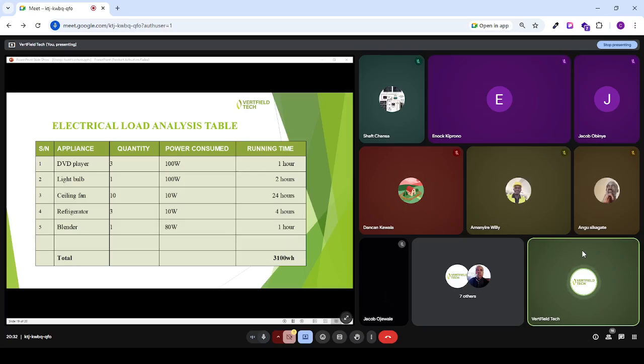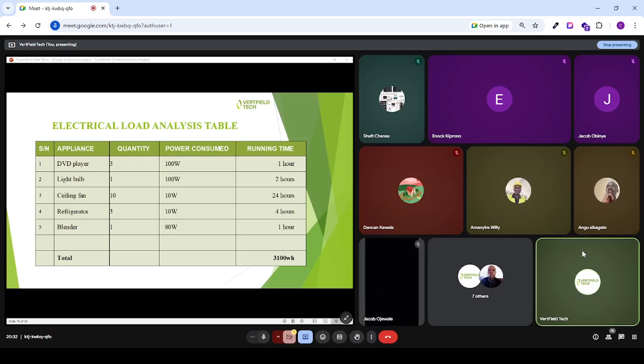In the sense that you can prepare a document as a professional that gives details of the project you are handling, and at the end of the day during commissioning, the client would also append the signature together with you. It will bear the energy analysis and the sizes of system that has been installed.